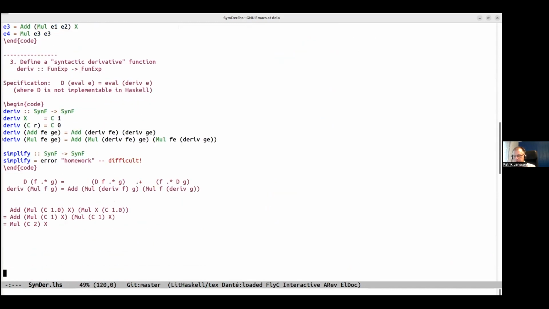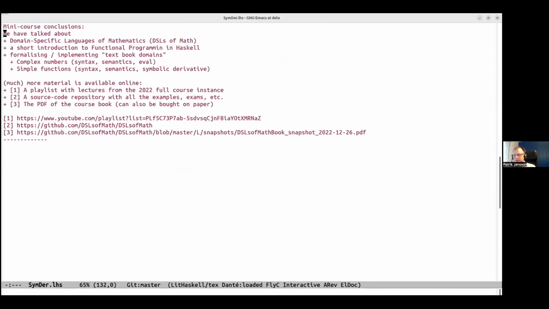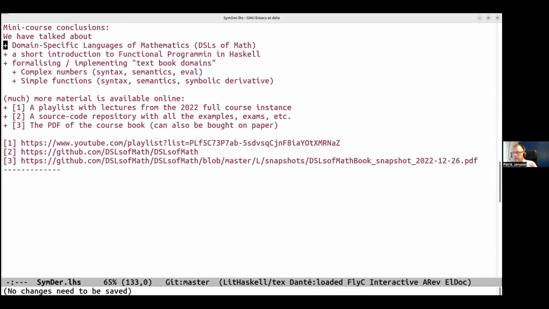Okay, so to sum up, the mini course conclusions are that we have talked about domain-specific languages, DSLs of math. We did a short introduction to functional programming in Haskell, a very short introduction, just an hour.